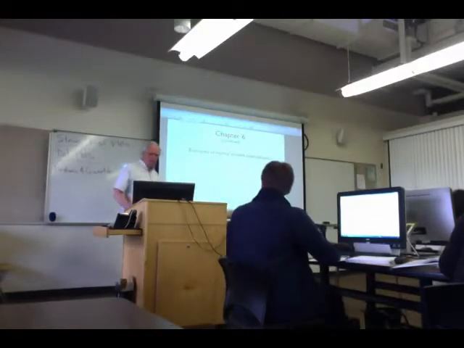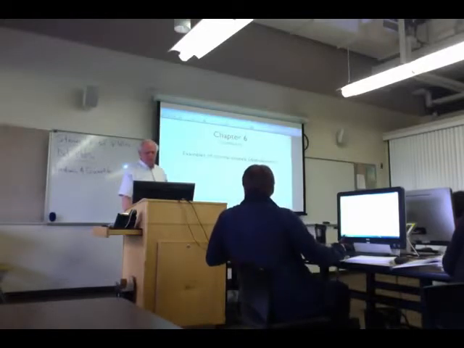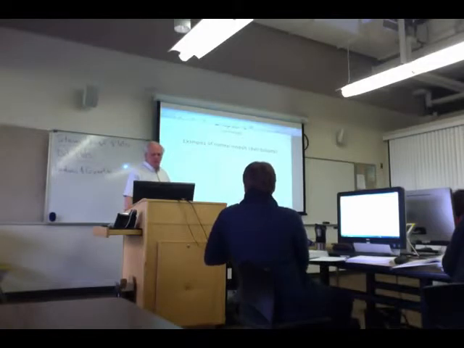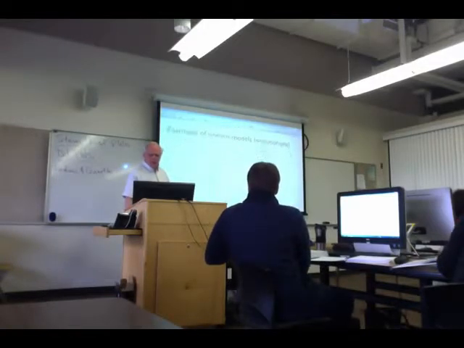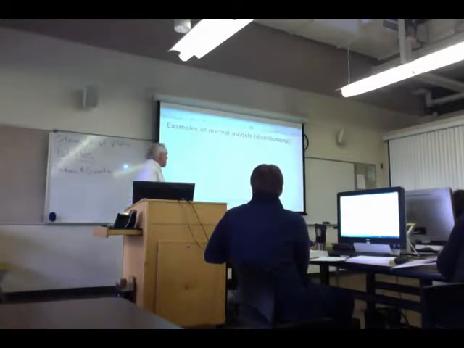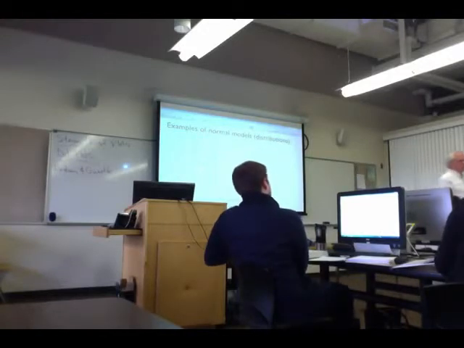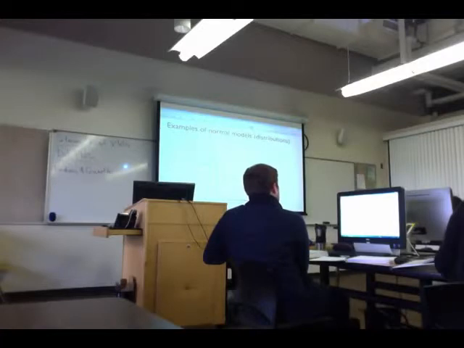Now what I've done here is I've shown you 3 examples of normal models. Remember, in order to uniquely identify which model we're talking about, I have to give you 2 numbers. I need to give you a value for mu, and I need to give you a value for sigma.